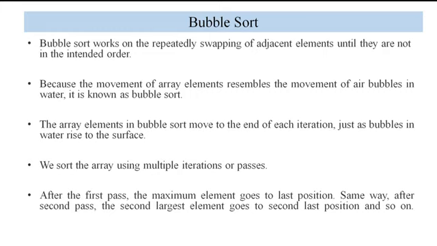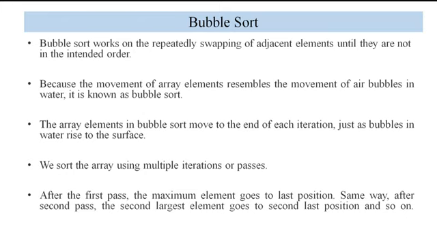Why is it called bubble sort? Because the movement of array elements resembles the movement of air bubbles in water, that is why it is called bubble sort. And array elements in bubble sort basically move to the end of each iteration just as bubbles in water rise to the surface.